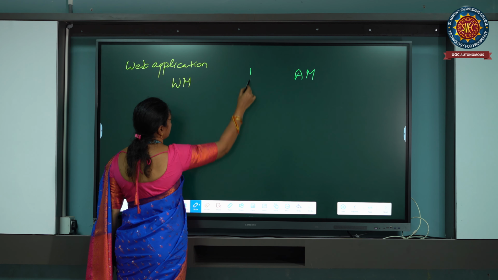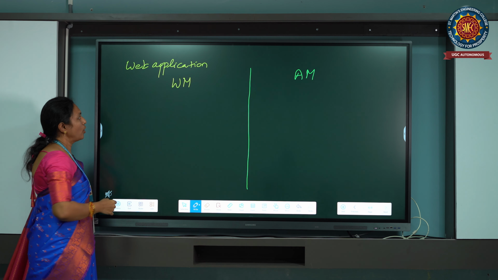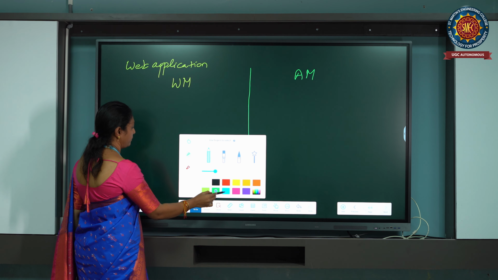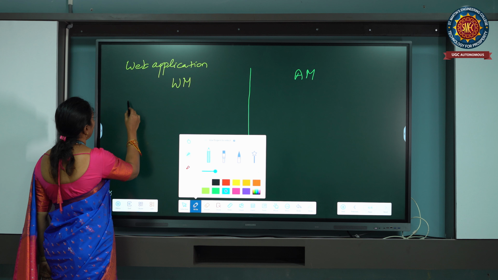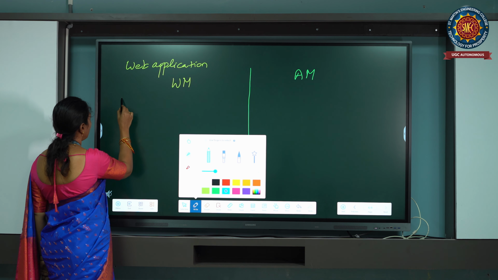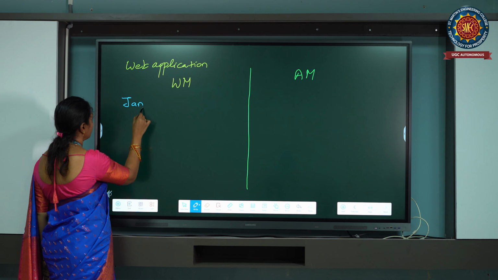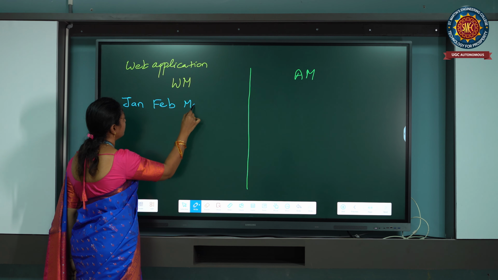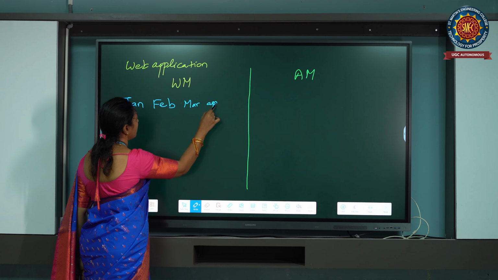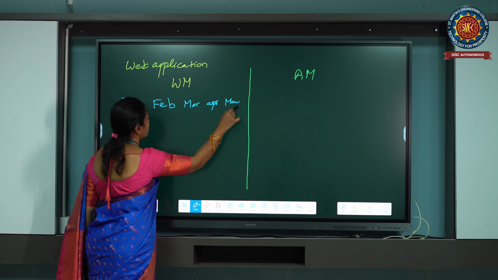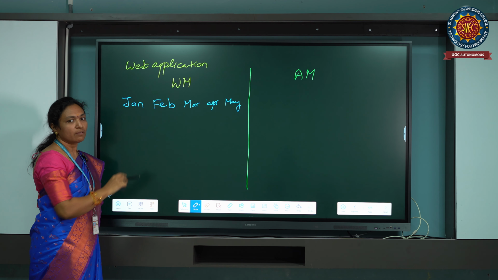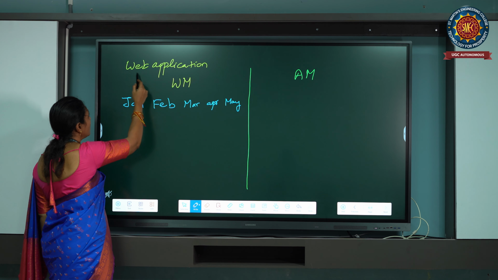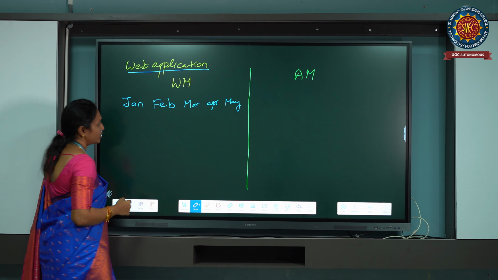For example, I want to develop with the waterfall model from January, February, March, April, May. So I have this duration, and within this duration I want to develop one software model for creating a web application.